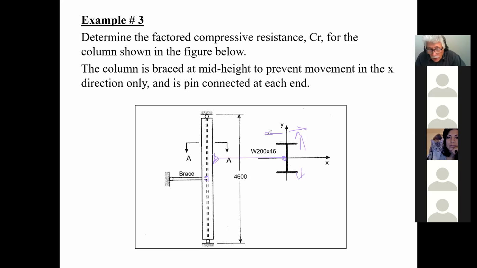No, what I'm trying to make, sorry, okay, no brace. There's no brace here whatsoever. What's prevented from moving? Neither one. In other words, the length for the y-axis is the same length as the length for the x-axis.